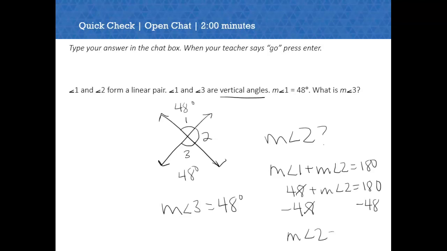So the measure of angle 2 is 180 minus 48, which is 132 degrees. That wasn't asked, but that is something we'll be going over in this lesson. But the vertical angles are directly across from each other and they have the same measurement.